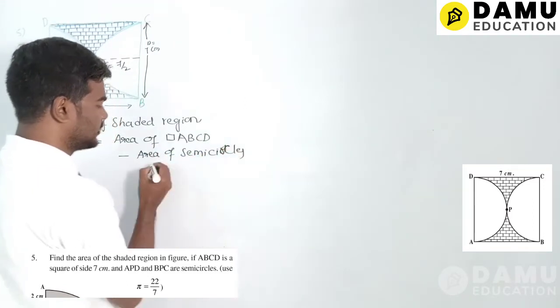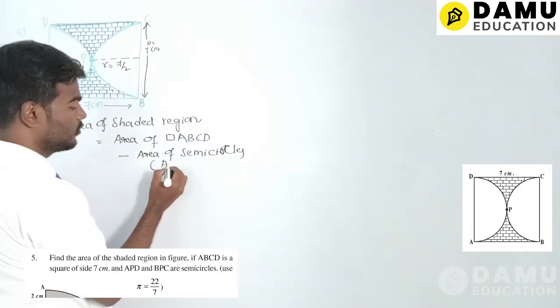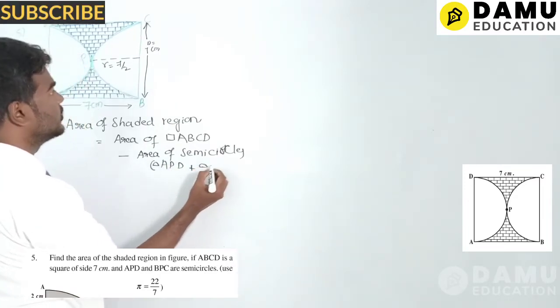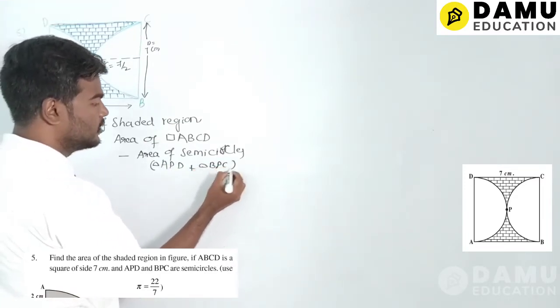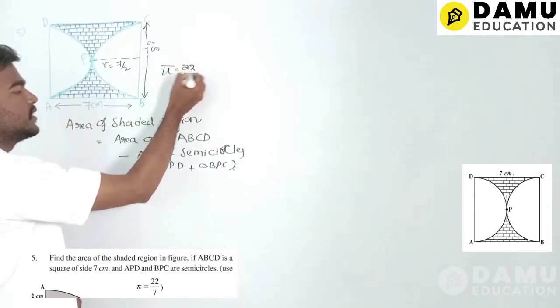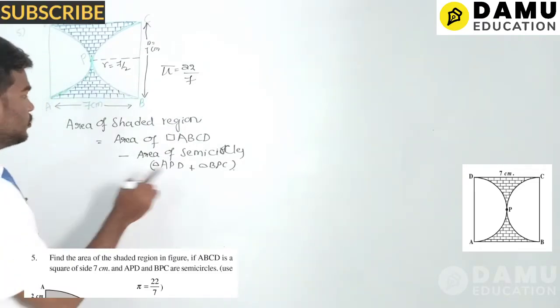What are the two semicircles here? Semicircle APD plus semicircle BPC. Here we need to use the pi value as 22 by 7. They are asking us to use the pi value as 22 by 7.